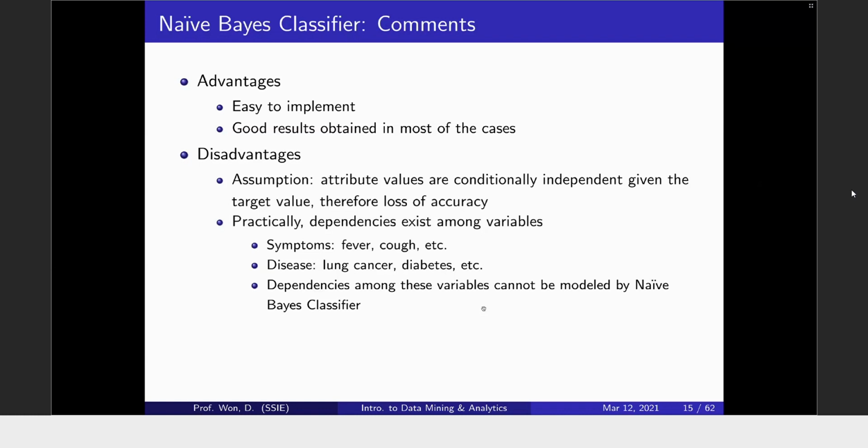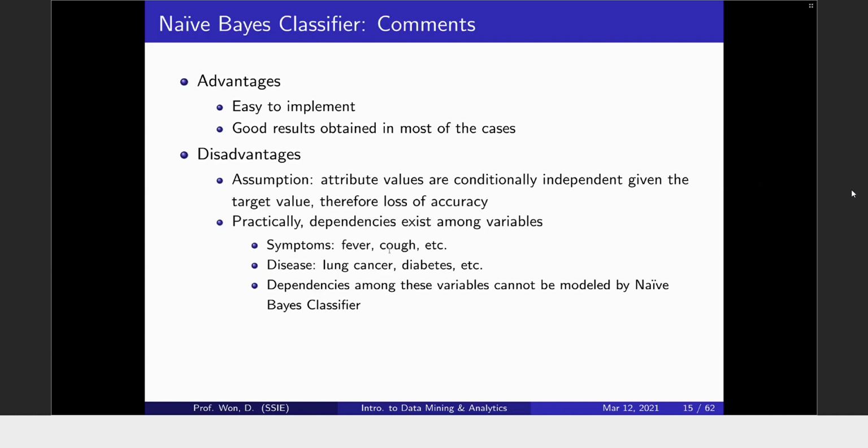For example, in symptoms, if the symptoms are correlated, like fever and having a cold, if a person has a fever, then he is also likely to have a cough, so those two attributes might be correlated with each other. In disease cases also, if the person has cancer, then other feature values are very highly correlated with other features of the disease.